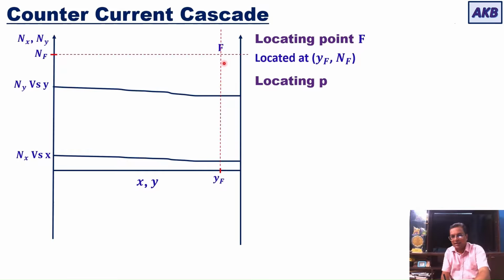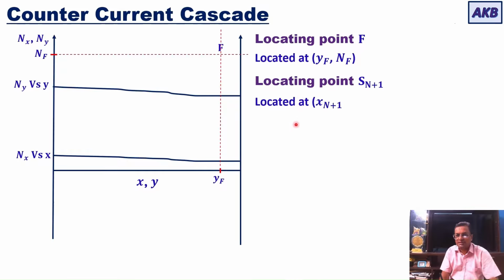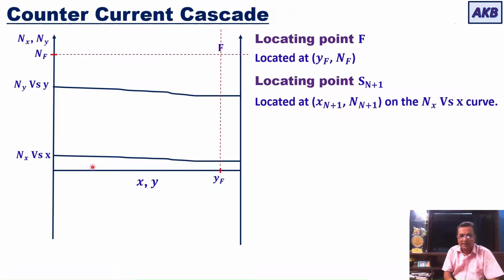And then after that you have to locate Sn plus 1. Sn plus 1 will be located at xn plus 1, Nn plus 1 on the Nx versus x curve if it is there.